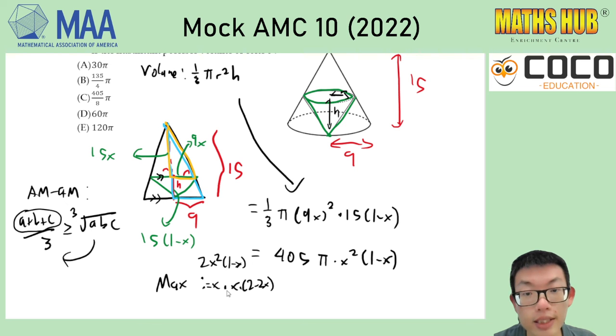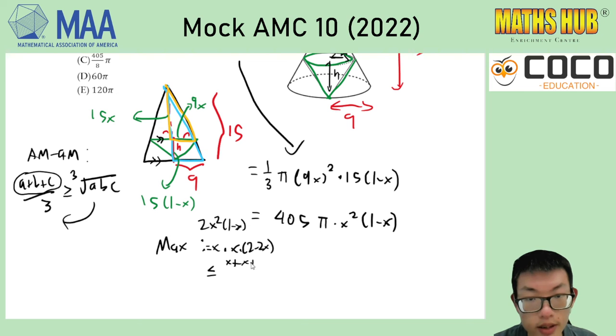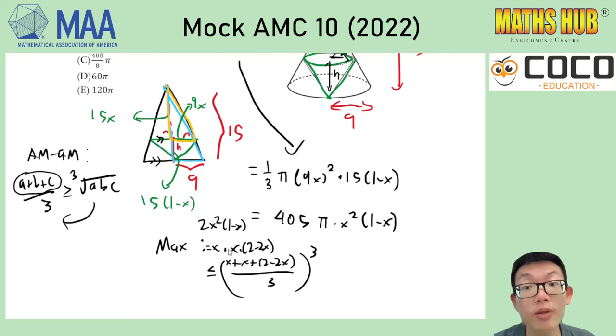And now this thing is less than or equal to this cubed. Right, so the cube of the geometric mean is less than or equal to the cube of the arithmetic mean, and this is 8 over 27. Okay, so what have I said here?